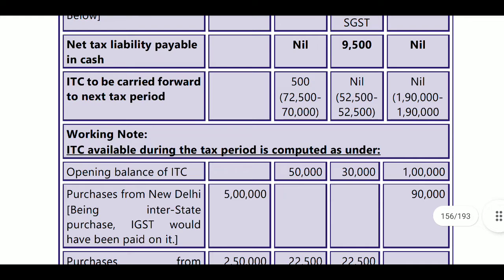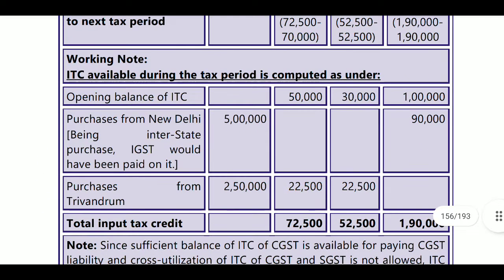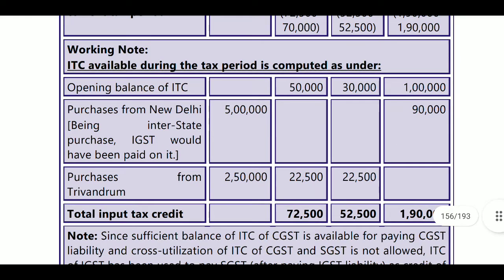Next, working note. ITC available during the tax paid is computed as follows. Opening balance of ITC was provided: 50,000, 30,000, 1 lakh, and purchase was made from New Delhi. New Delhi is IGST, interstate. So 1,90,000 will be going to 90,000. Next, purchase from Trivandrum 2,50,000 into 9%, 9%, 22,500, 52,500.